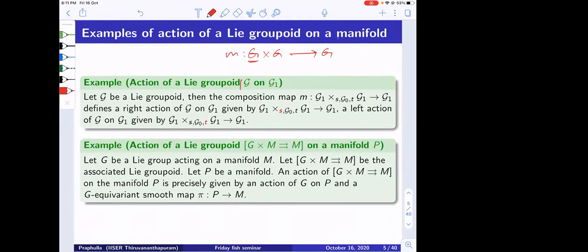Given a Lie groupoid G, we have an action of G on itself. It's actually on the morphism manifold G1. That's also given by the multiplication map, the composition map G1 cross G1 to G1. Depending on whether you are treating it as a left action or right action, you will consider the source map or the target map separately.